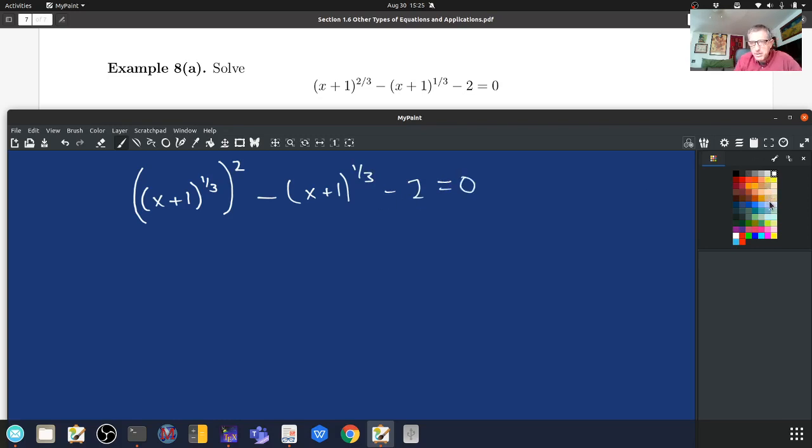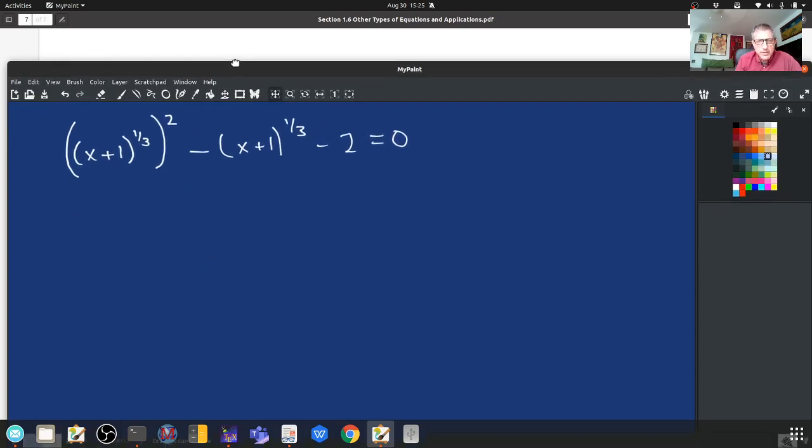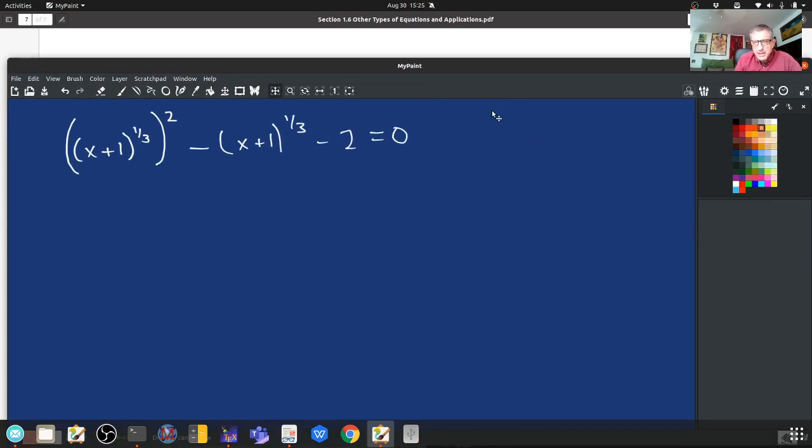So now I'm going to observe if I let u equal x plus 1. That's a bit of information that we have to write down and remember to come back to. Then this can be written as, it's not x plus 1, x plus 1 to the 1/3.